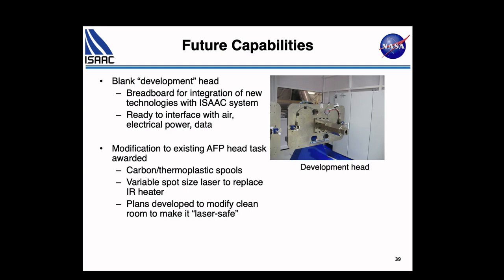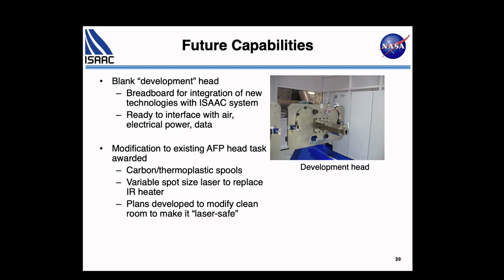And you saw the earlier pictures where all that's between the head and the operators is a fence to keep people from going back and forth. That's not going to stop a laser. And so the big part of the problem here is we need to be able to make the clean room safe for laser capability. We're working on that, but that's going to be a couple years before we have that in place.